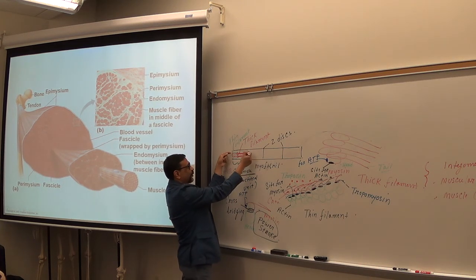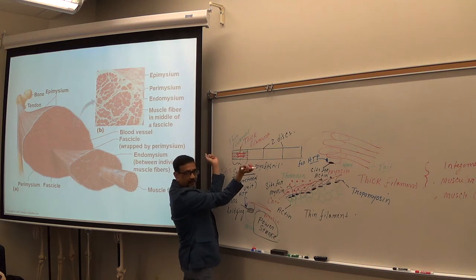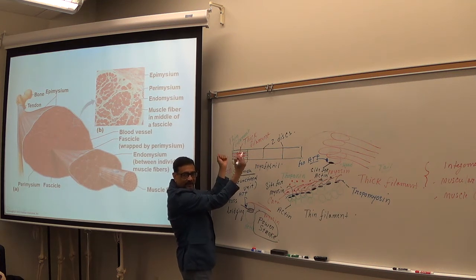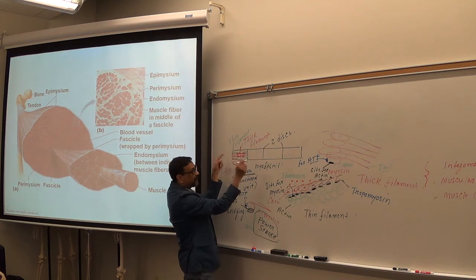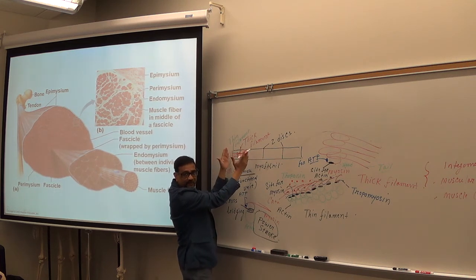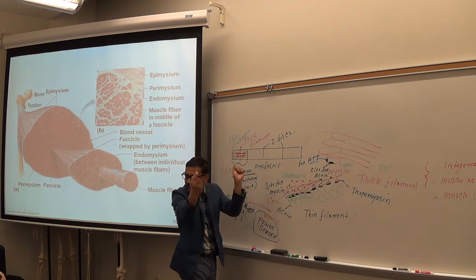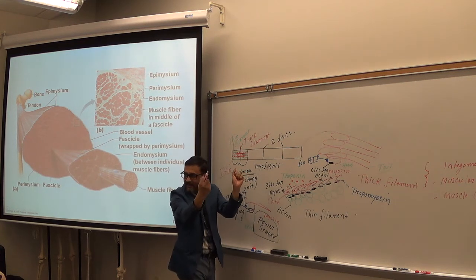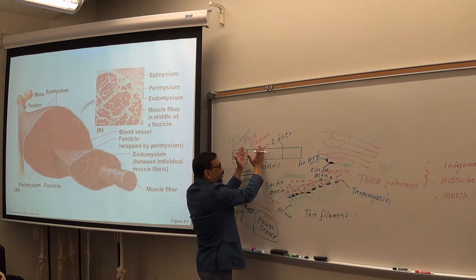So they will pull the thin filaments towards each other, that means towards the center from both sides. Make sense? Since the thin filaments are attached directly to the Z disc, they will move the Z discs towards each other. Make sense? Like this. So that is the shortening of the sarcomere.